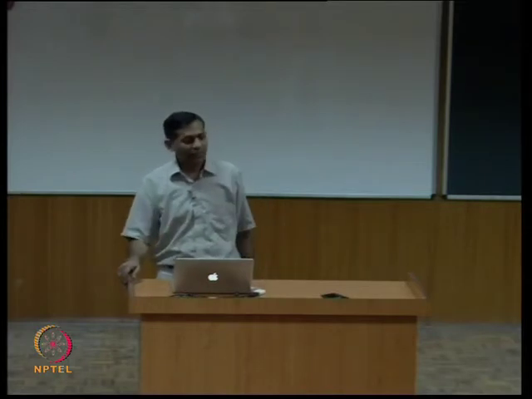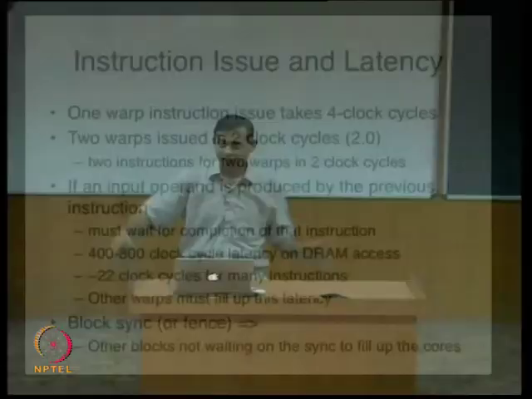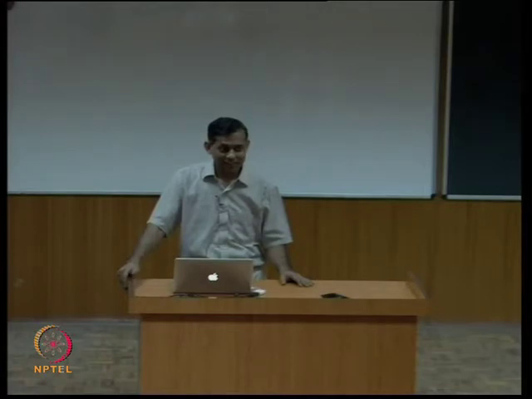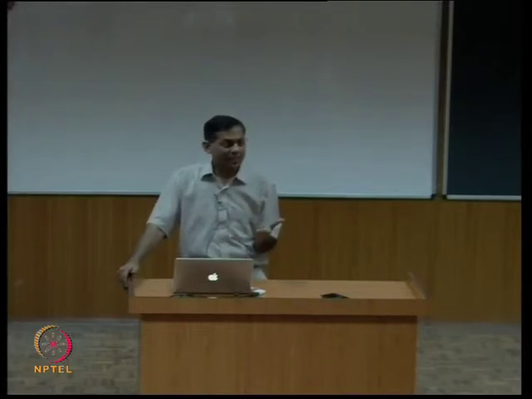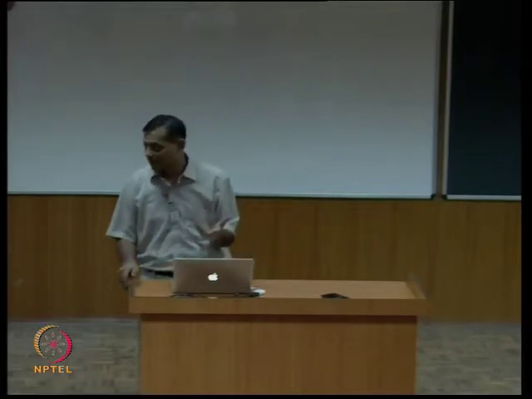And every time it goes to read now, it's going to wait up to 800 clock cycles. Now you need 800 warps. That's too many. Okay, but that is the level of parallelism that you're going to need.